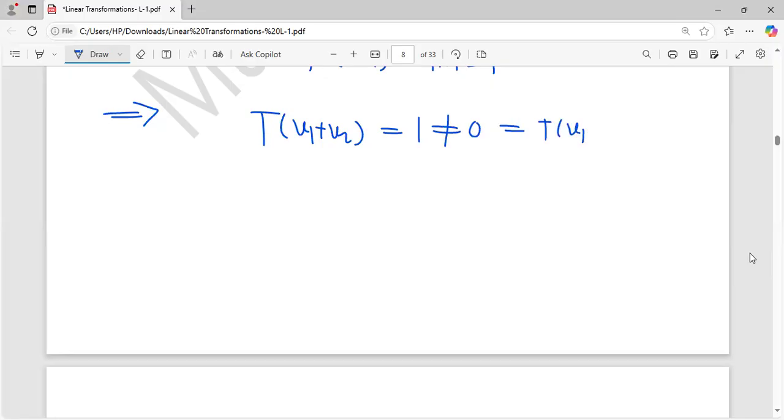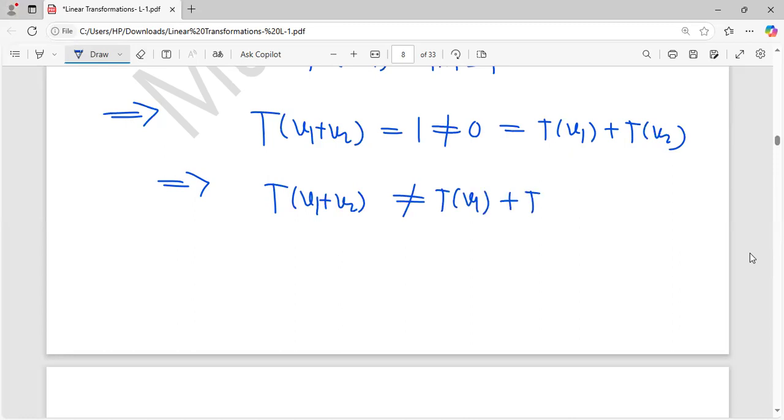That is T v1 plus T v2. So this implies T(v1 + v2) is not equal to T v1 + T v2. So this implies T is not a linear transformation.